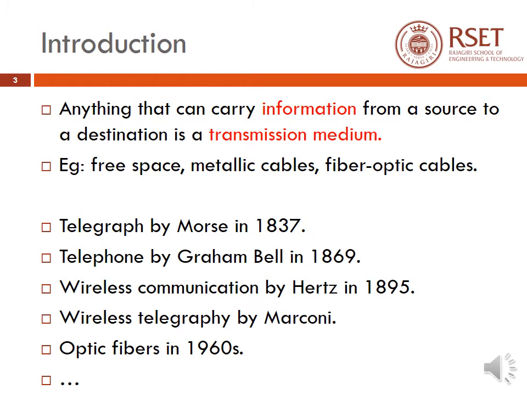After that, wireless telegraphy was introduced by Marconi and various other technologies came into being. And after that, as the years went on, sophisticated transmission media like optical fibers were introduced in the 1960s, which could increase the distance of communication across continents. And like that, the evolution of communication and transmission media has been going on.